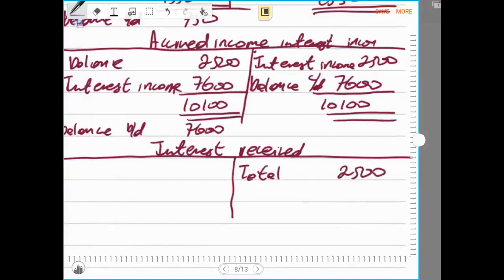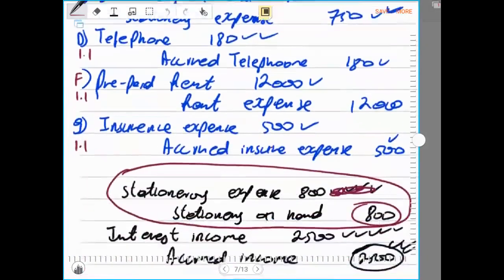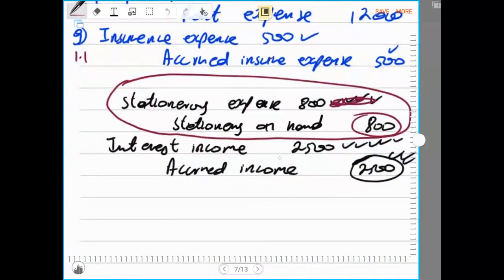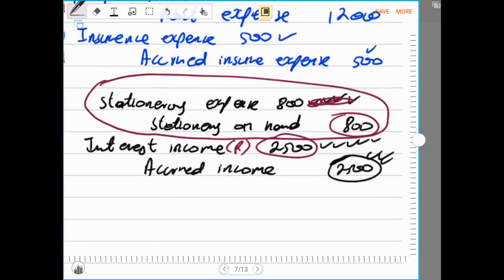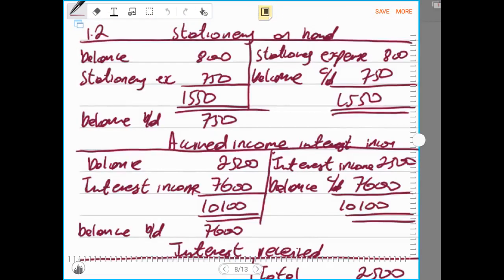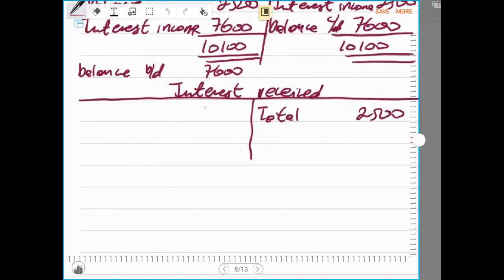I'll show you the reversal. This was the reversal entry, 2.5, where the interest income is debited, and with that we will debit 2,500, and the contra entry will be accrued income.